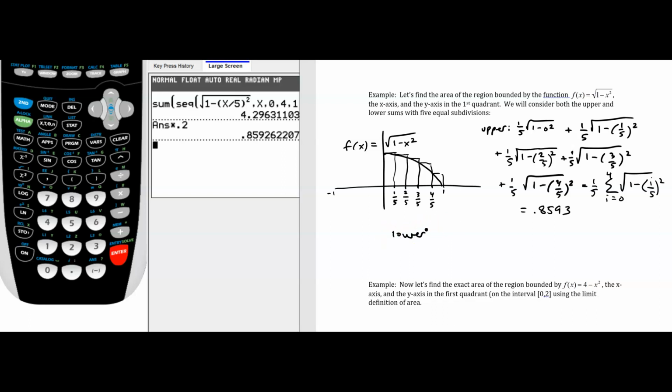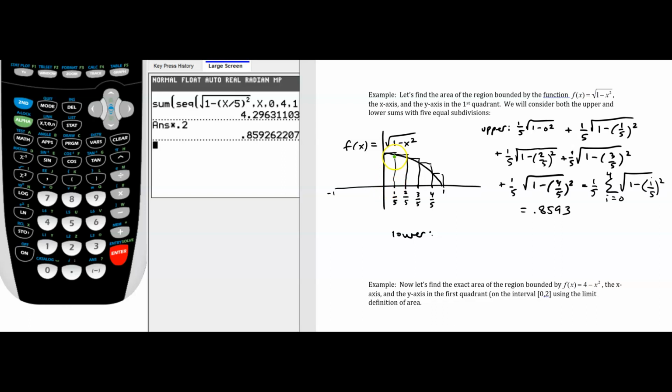But I want you to see that if we do a lower sum, there's only a subtle difference, because in the lower sum, this first rectangle is not going to be there, but the first rectangle that you would have based upon this first subinterval would actually go here. I'm going to change colors for a second.